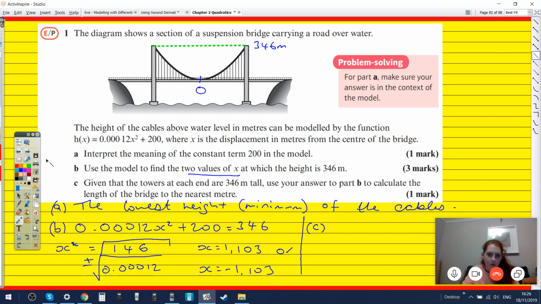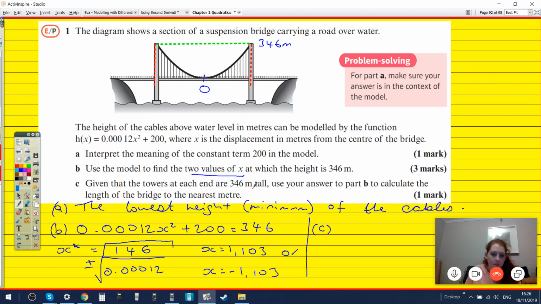And this is why we got two answers. One was here, one was here. So this one is 1103, and this one is negative 1103. And you have to use that to find the length of the bridge.